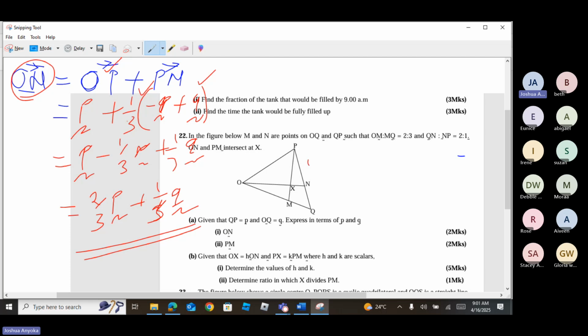This one is 1, 2, 2, 3. So we have vector ON as what?